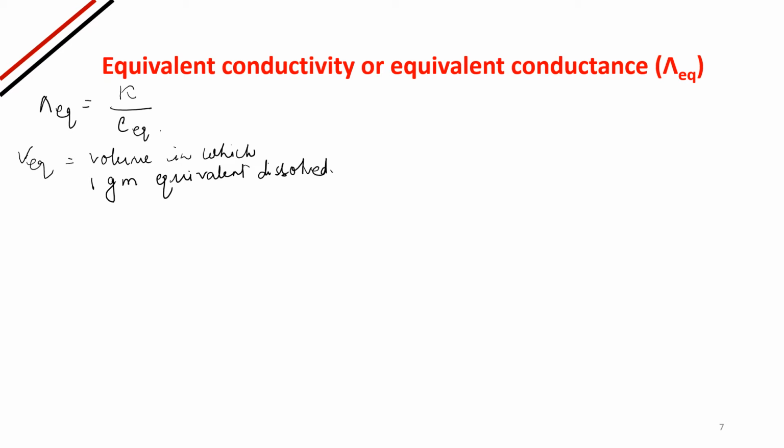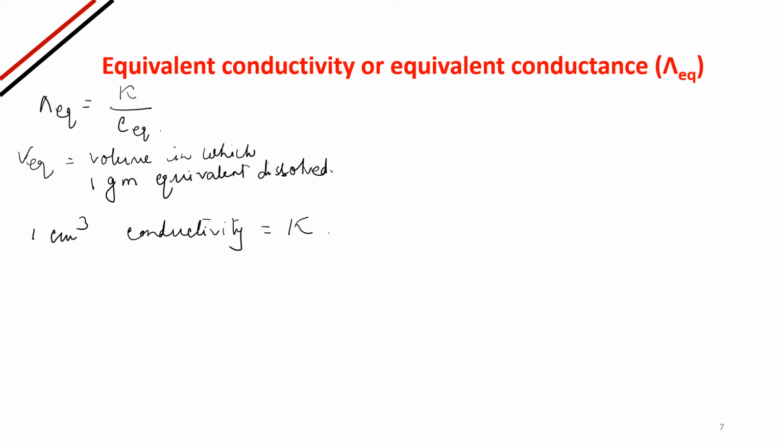Okay. Suppose for 1 centimeter cube, the conductivity is equal to kappa. Now children, what is kappa? Kappa is the specific conductivity.